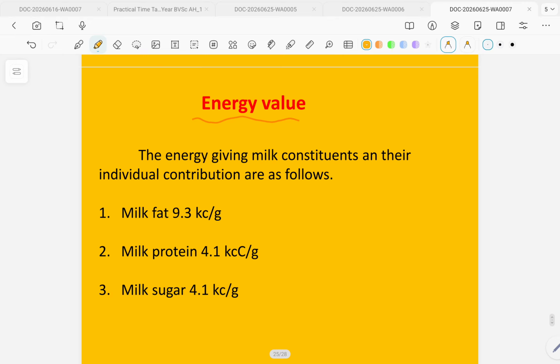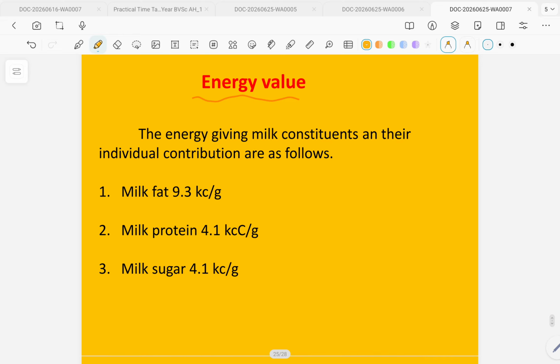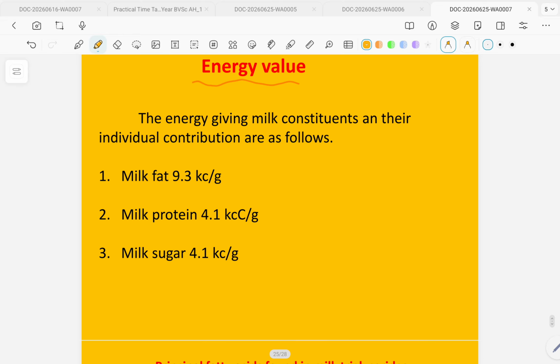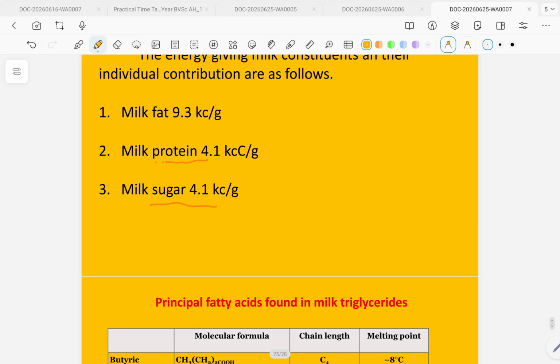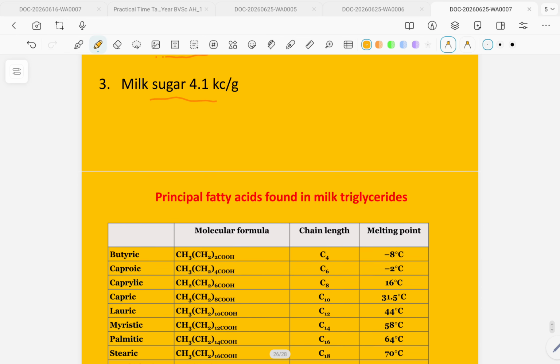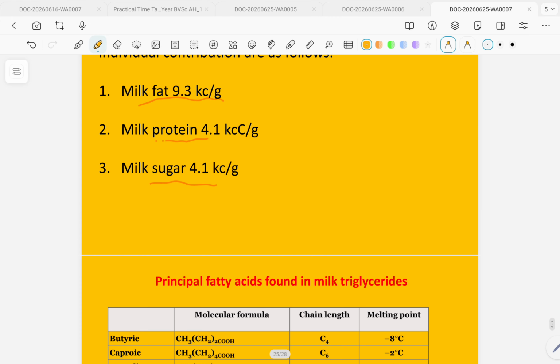The energy giving milk constituents and their individual contributions are as follows: milk fat 9.3 kilocalories per gram, milk protein 4.1 kilocalories per gram, milk sugar 4.1 kilocalories per gram.